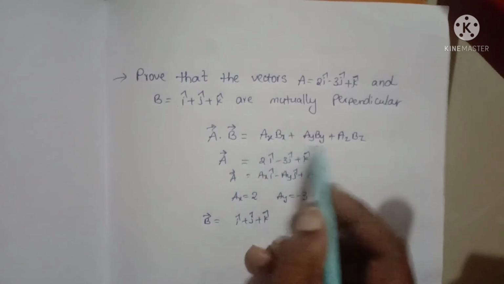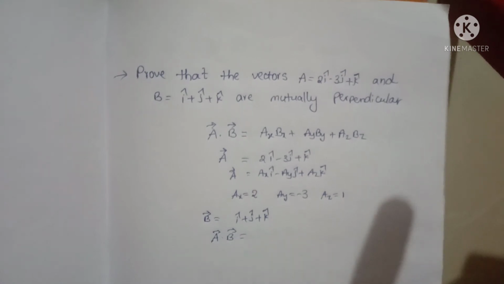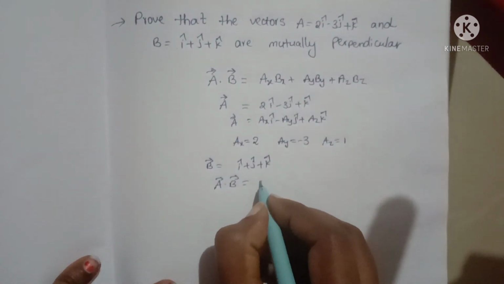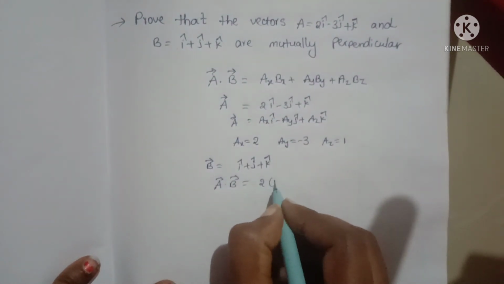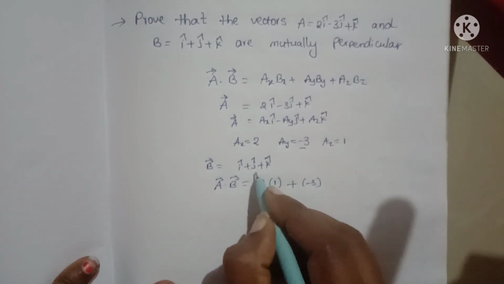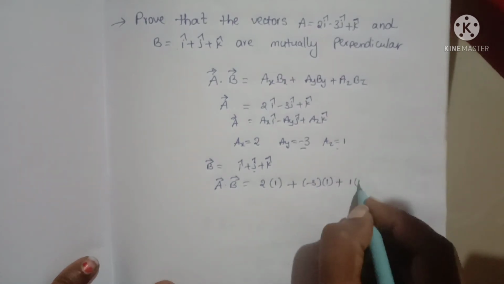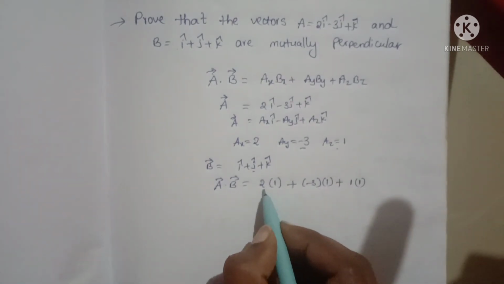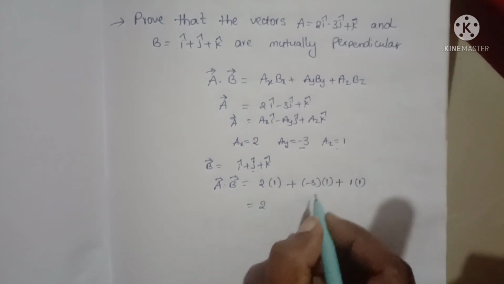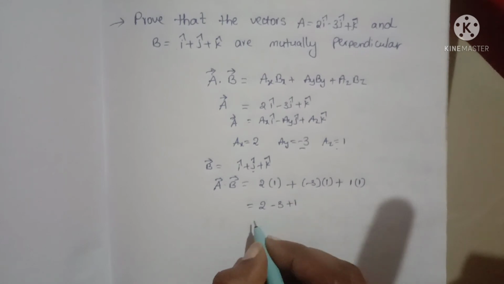Then substitute the values. A bar dot B bar equals ax value 2, bx value 1, plus ay value minus 3, by value 1, plus az value 1, bz value 1. So 2 into 1 is 2, minus 3 into 1 is minus 3, plus 1.